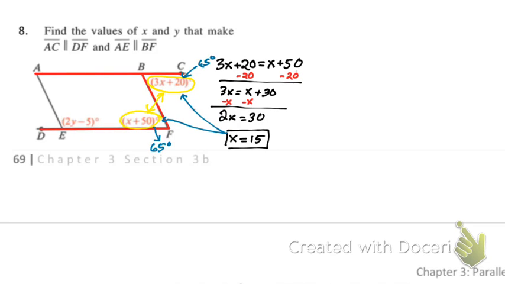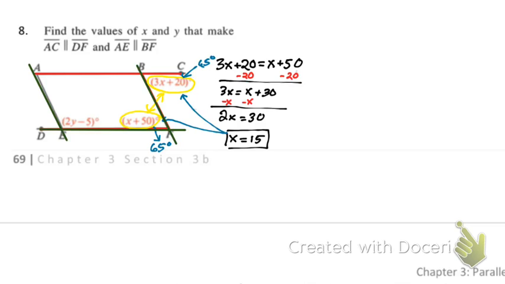Now we're going to shift to the other line. The other lines, my AE and my BF, need to be parallel. So that means that this line down here, DF, is our transversal. What do these two angles look like based upon that green drawing?